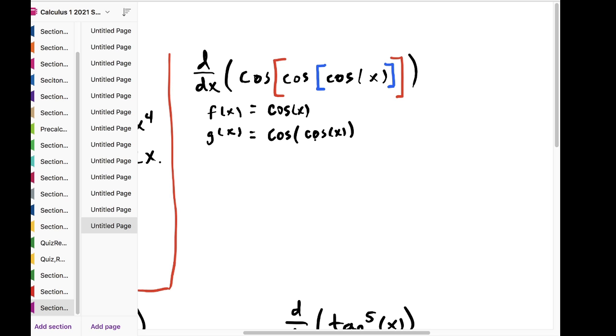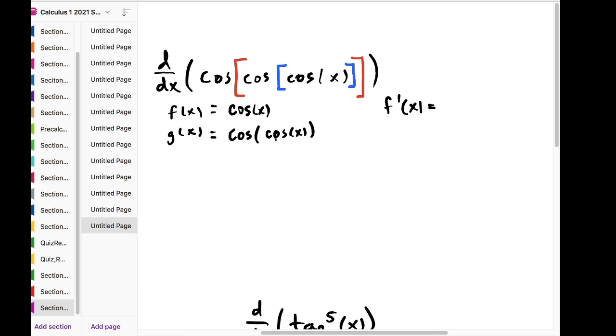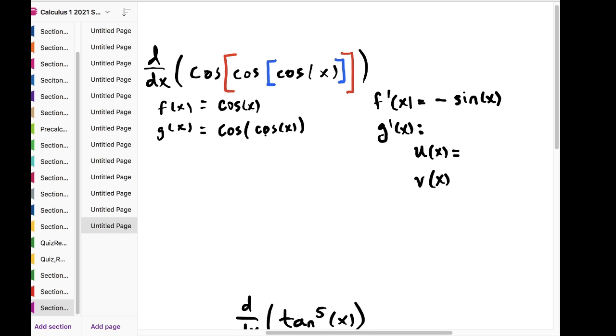Okay, what's f prime? Yep, negative sine. And then g prime. So we need to do another chain rule, right? So I like to use u and v. So what's the u and what's the v?